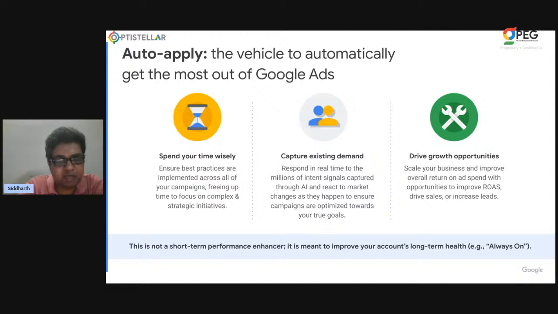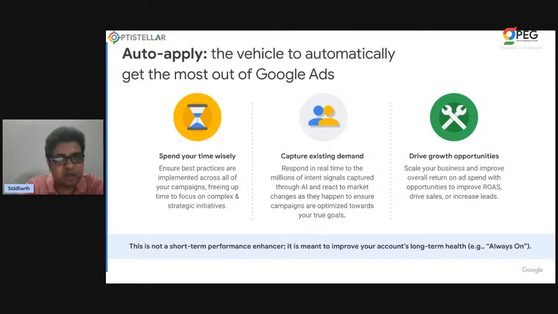And then once you have automated some of the optimization recommendations through the auto apply route, you can devote the rest of your time to looking into the more strategic recommendations that are not part of the auto apply recommendations part, right?